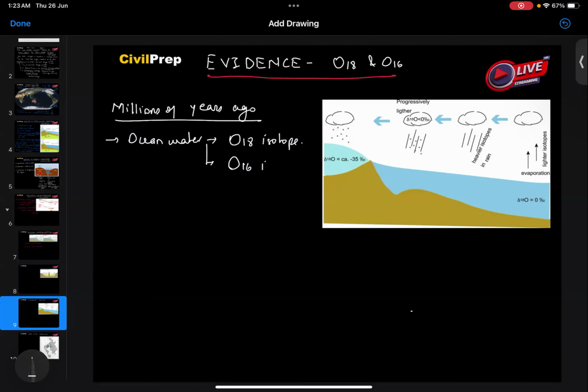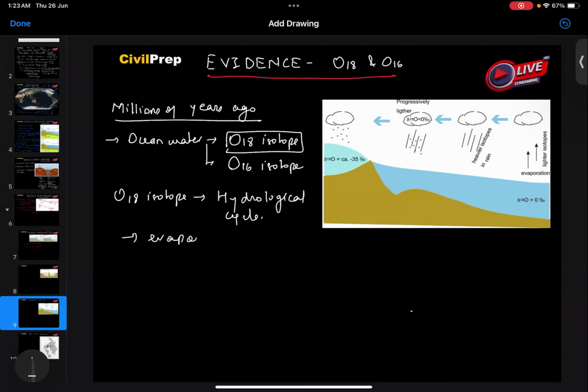So this O18 isotope underwent the hydrological cycle, that is evaporation, condensation, and precipitation, either in the form of snow, or in the form of water or raindrops.